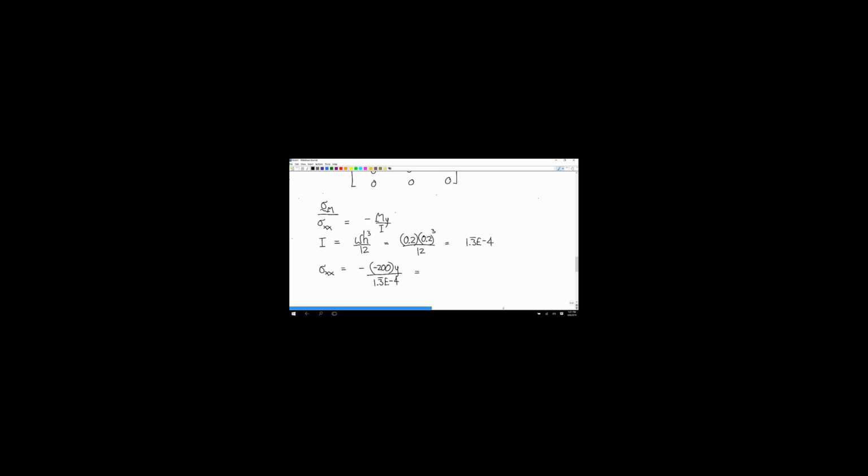Can someone divide that out? 200 divided by 1.3. 1.5 times 10 to the seventh, and then times y.